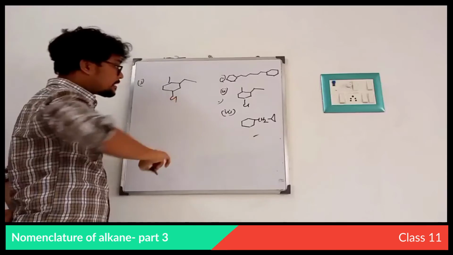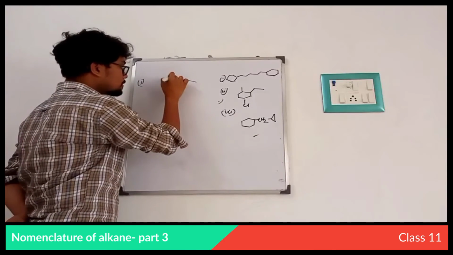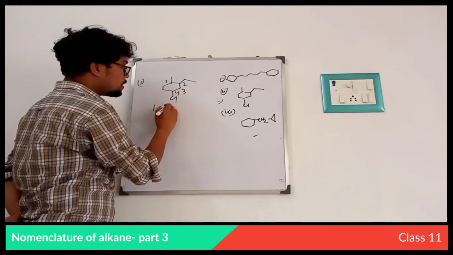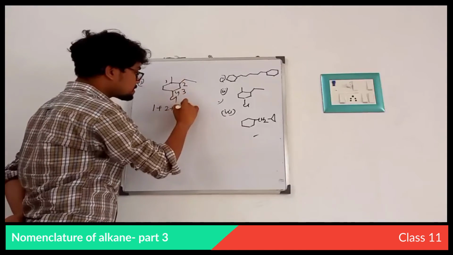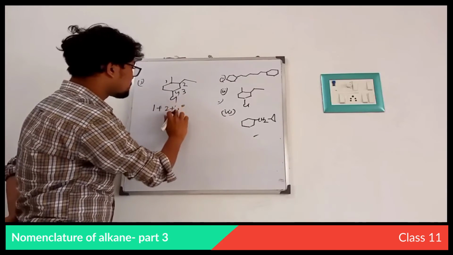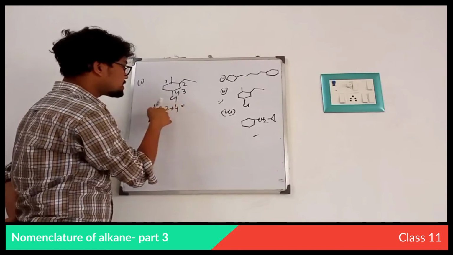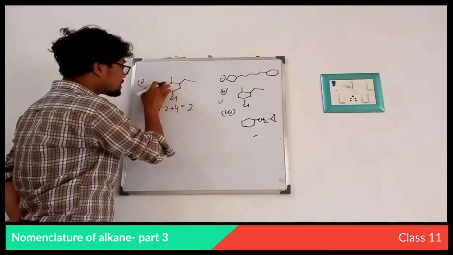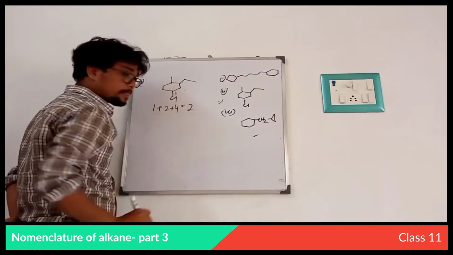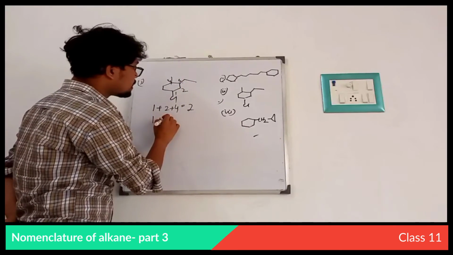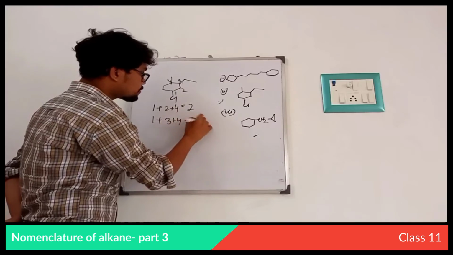So starting the numbering maybe 1, 2, 3, 4. So lowest sum rule: 1, 2 and 4, that is 7. But if I start 1, 2, 3, 4, okay, so 1, 3, 4, that is 8. So that is not correct.